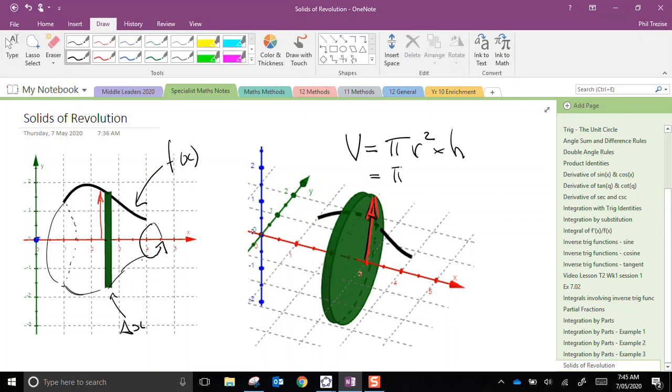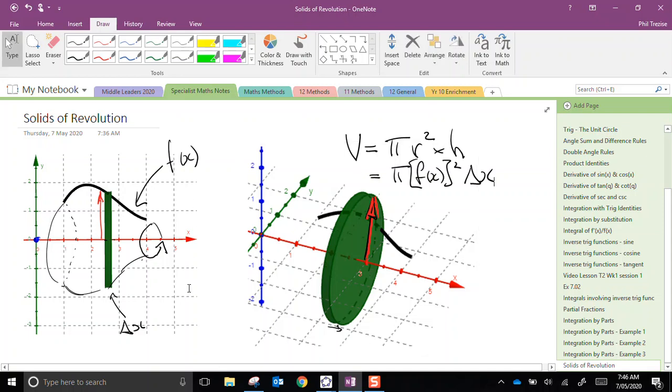But let's just put in here, what's our radius? We just decided that the radius of this was the function itself, f of x, which would need to be squared. And the height of the cylinder, which we decided was delta x. Now that would just be the volume of that one slice.